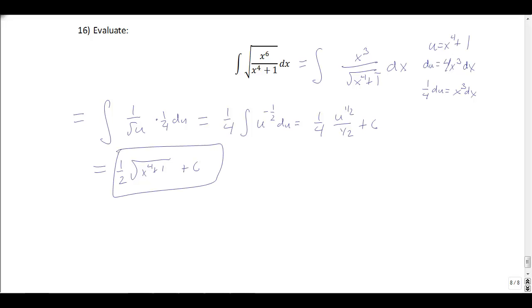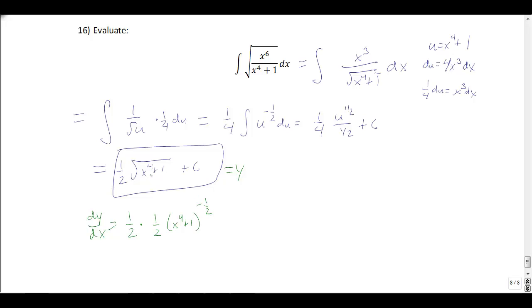So there's my answer. We might as well check this one because doing the derivative should be relatively simple here. Let's let this equal y. I can differentiate this function and see if I get the square root of x to the 6th over x to the 4th plus 1. So I get 1/2 times 1/2 times x to the 4th plus 1 to the negative 1/2.